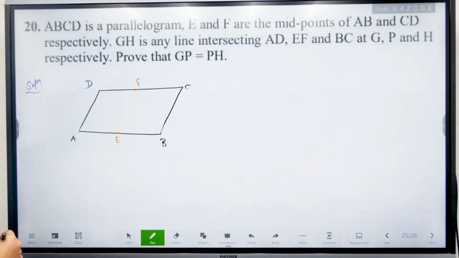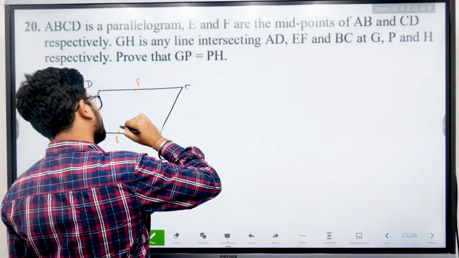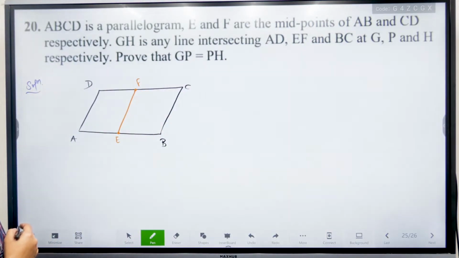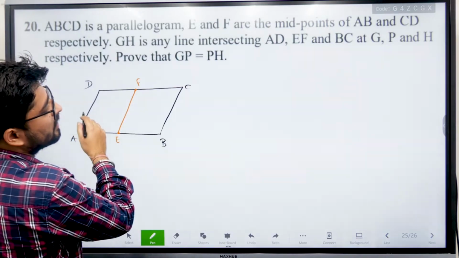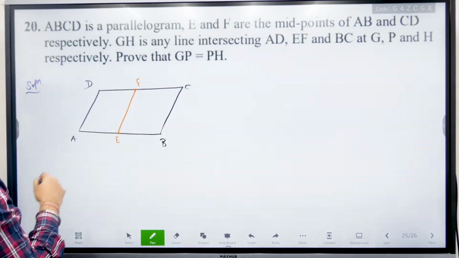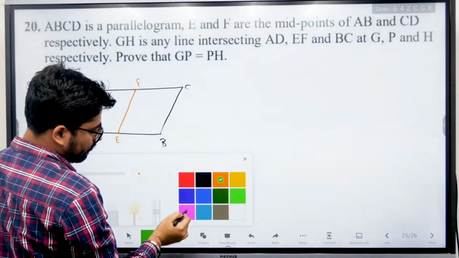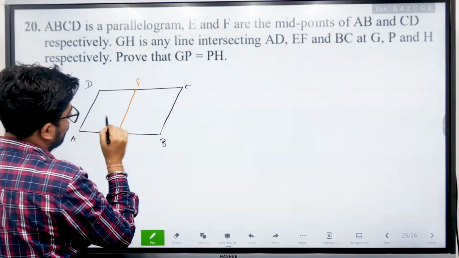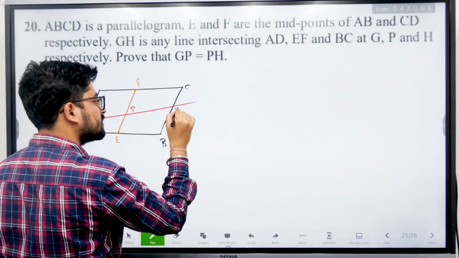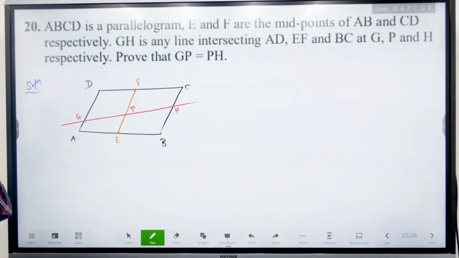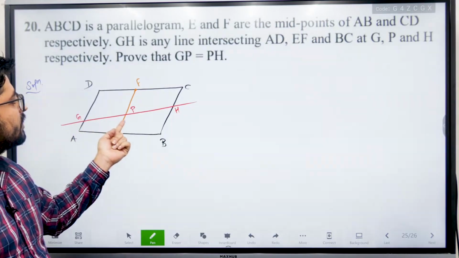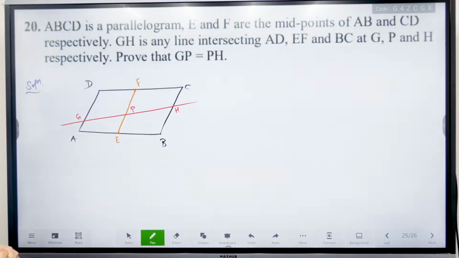Next, GH is any line intersecting AD, EF. So EF means you have to join E and F. GH is any line intersecting AD at G, EF at P and BC at H respectively.